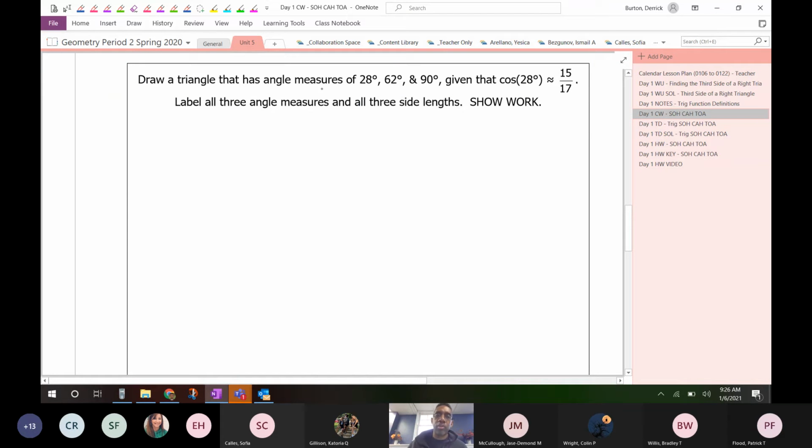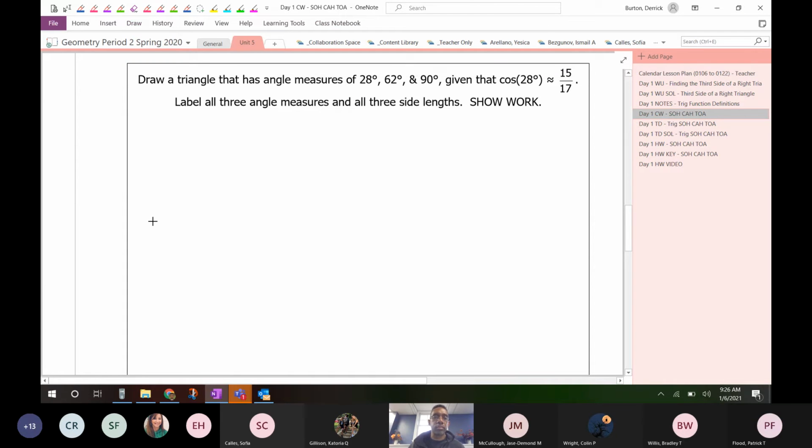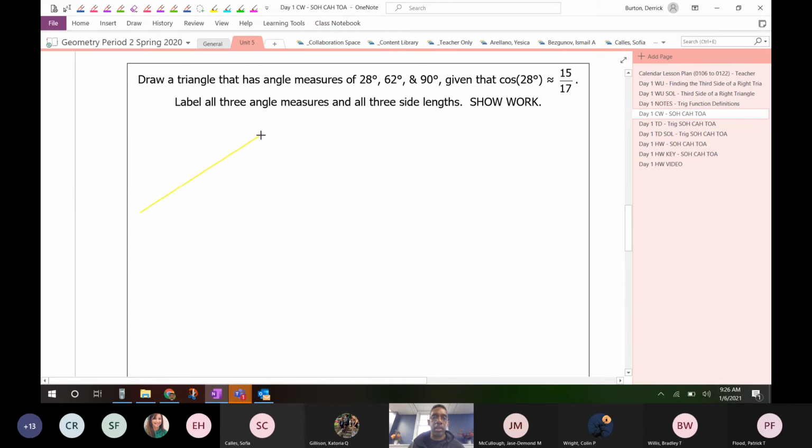Okay, so draw a triangle that has these 3 angle measures. All right, so let's draw that triangle real quick.